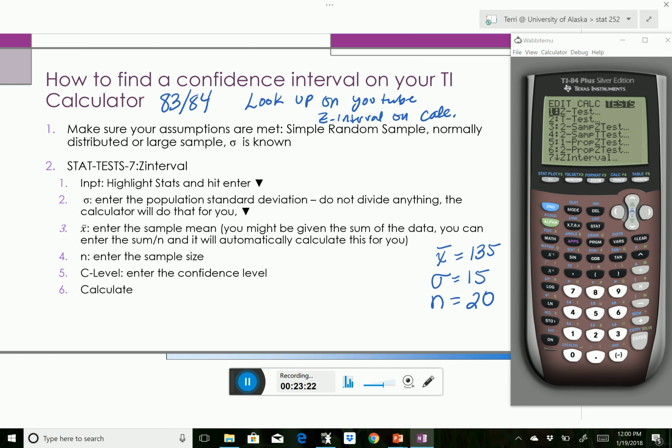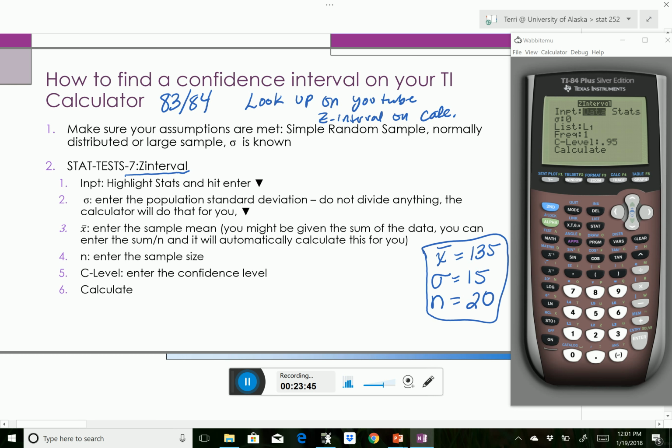So we're not going to do a test because that is later on, that's chapter 9. We're going to number 7, Z interval. You can either scroll down to it or just hit 7. It brings up a menu. For our purposes, we're going to use statistics. Data is when you have data. I wasn't given the statistics, I was simply given a list of data and a sigma.